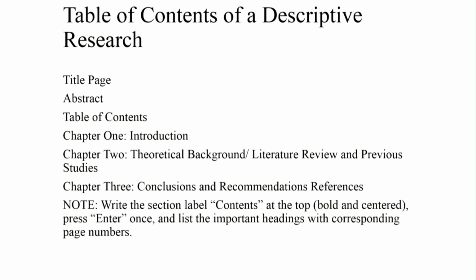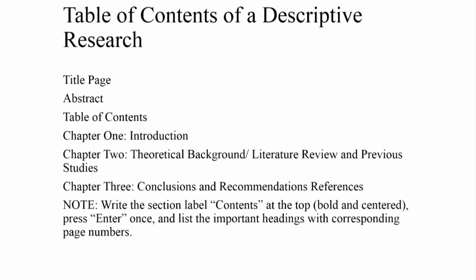Then chapter 2, we have theoretical background, literature review, and previous studies. In chapter 1, the introduction, you give the reader an introduction about what topic you chose to talk about.